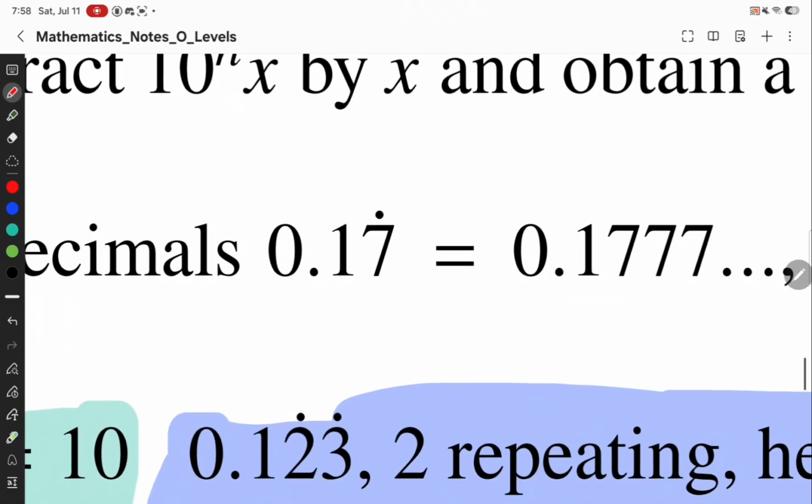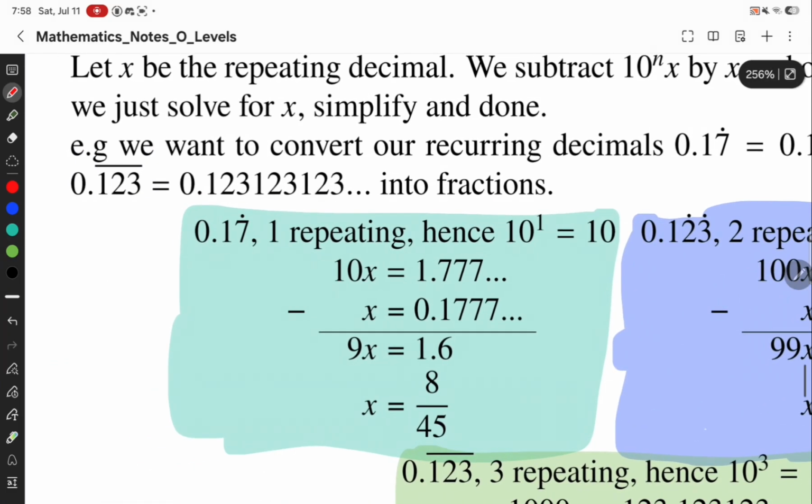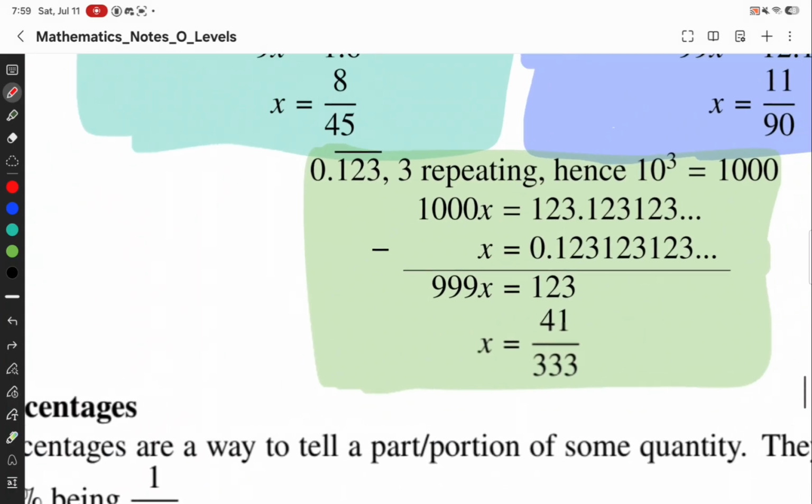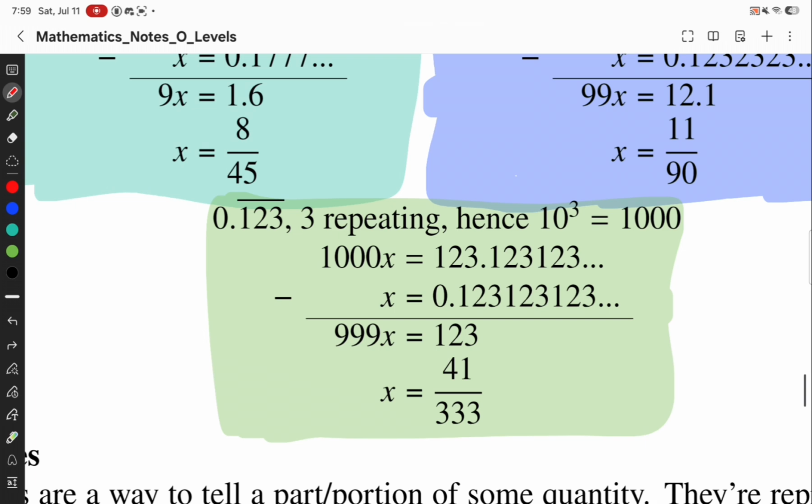Hence, we get 10x as the first number. If we have two digits repeating, we have 100x. If we have more, like 3 digits repeating, it's 1000x, and so on.